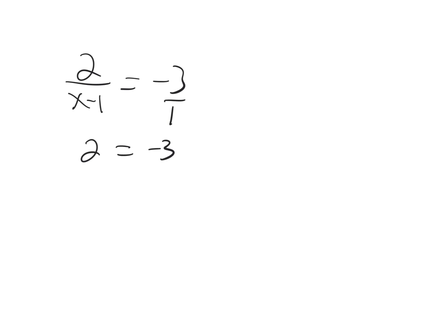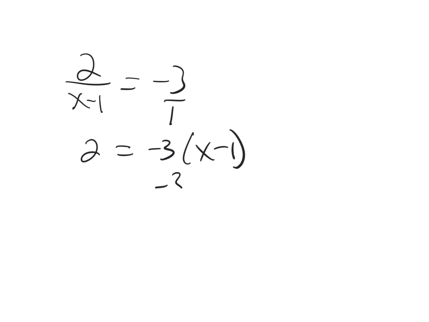So what I'm looking for is where does g of x, the 2 over x minus 1, equal -3? Because wherever it's equal to -3, that's not going to be included in the domain. So I'm going to solve this equation. I'm going to treat it like a proportion, just write the cross products, cross multiply.